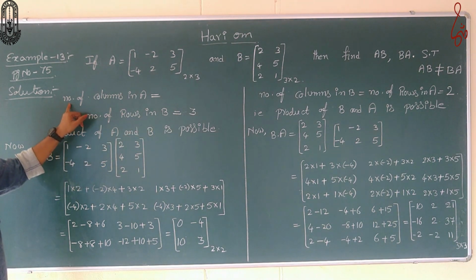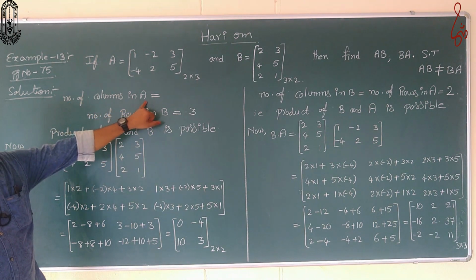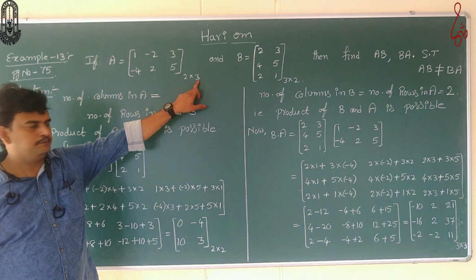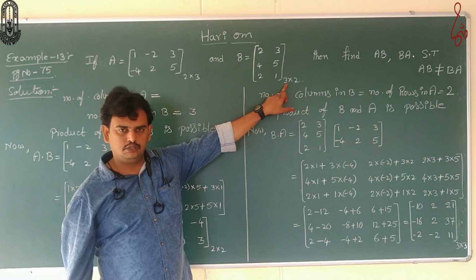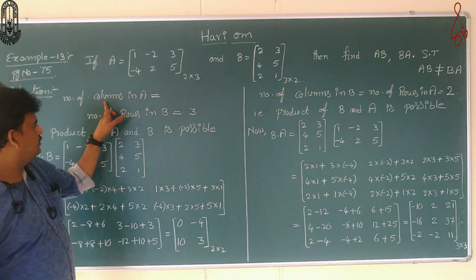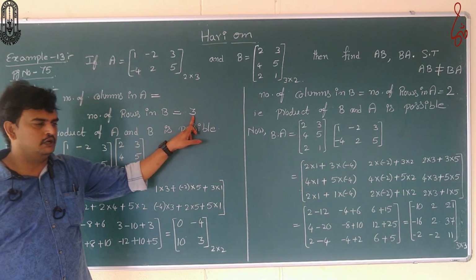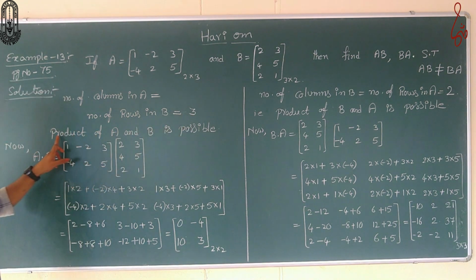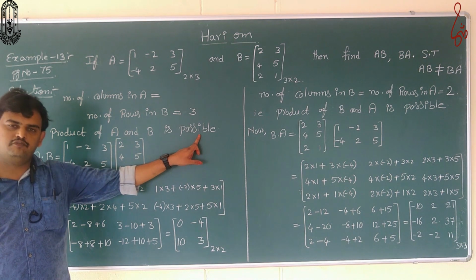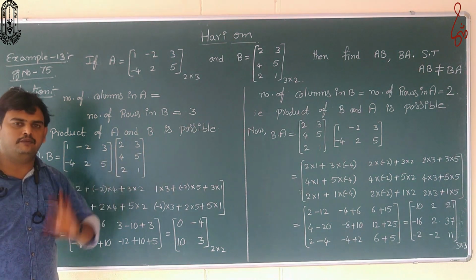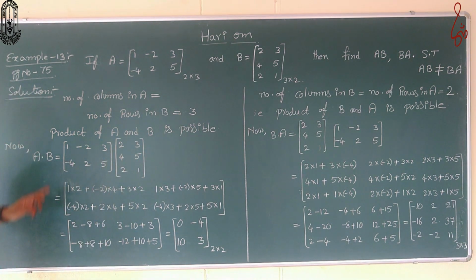Once we check here, the number of columns in A is 3, number of rows in B is also 3. So both are equal to 3. Then we can say that the product of A and B is possible. Now, I can find the product of A and B.